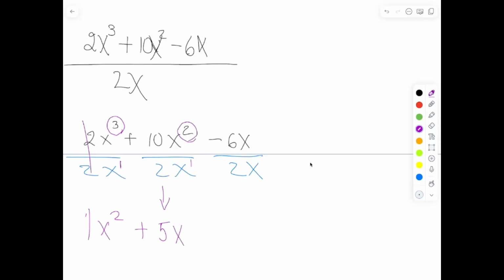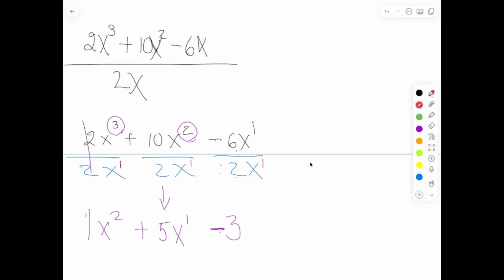What do I have here? X to the first power. Now, I have 6 divided by 2. 3. But I have a negative divided by a positive, which is a negative. Now, I have 1 minus 1. What's that going to give me?